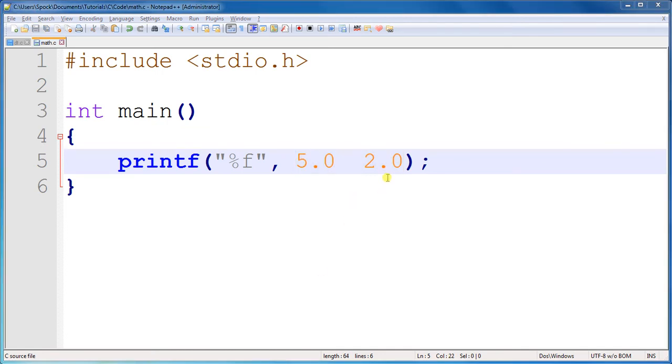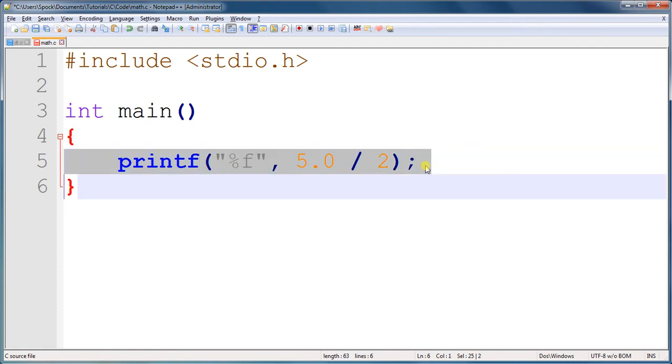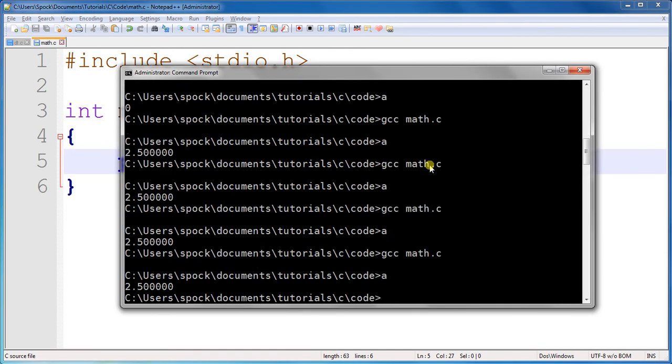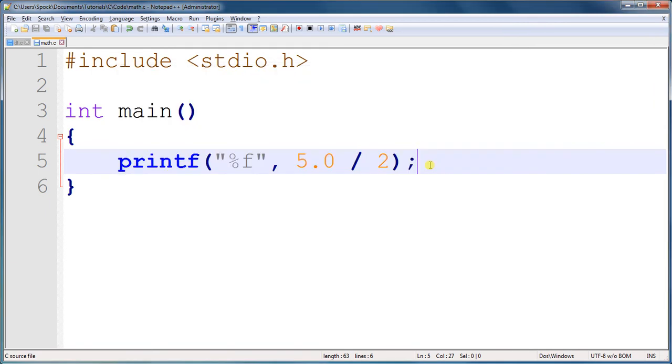So what would happen if one of the numbers was an integer and the other one was a decimal number, 5.0/2? Now, is it going to give you 2.5 or is it going to give you 2? Well, it's going to give you 2.5, and that's because whenever the two of them are different, it's always going to take the one that has more accuracy. For example, it's going to convert 2 to 2.0.